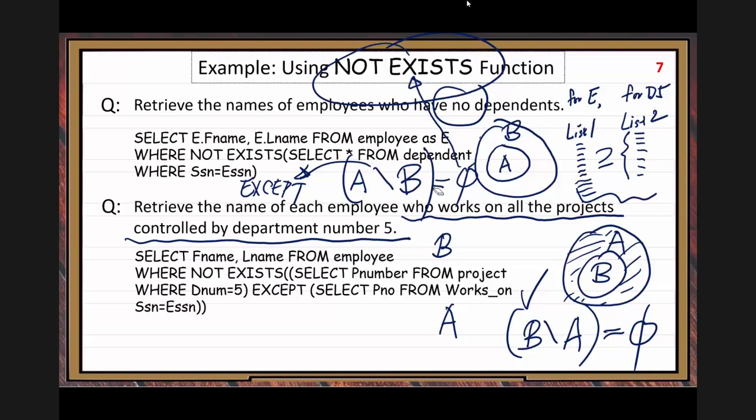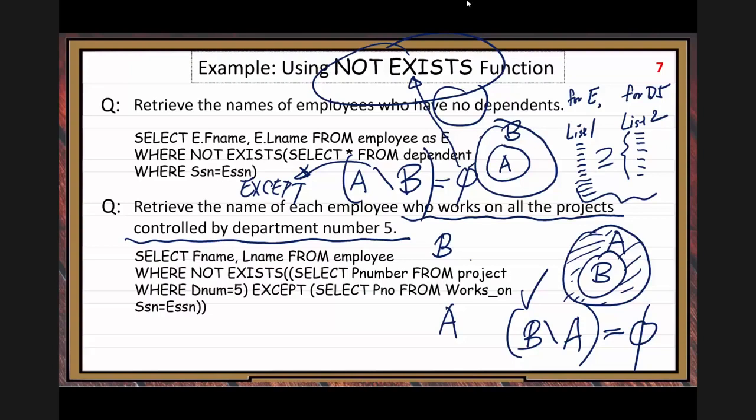So then, not exists B except A. Here you can see that's the correct way to write this query statement.